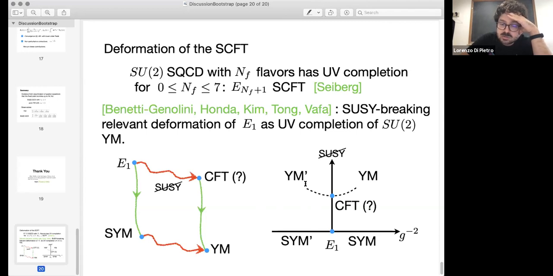What the authors showed is that there are different contact terms for the background gauge fields of these two U(1)s on the two sides of this y-axis. Okay, I don't know if what I'm saying is understandable. Since there are these two different contact terms, they argue that there must be some phase transition in between.